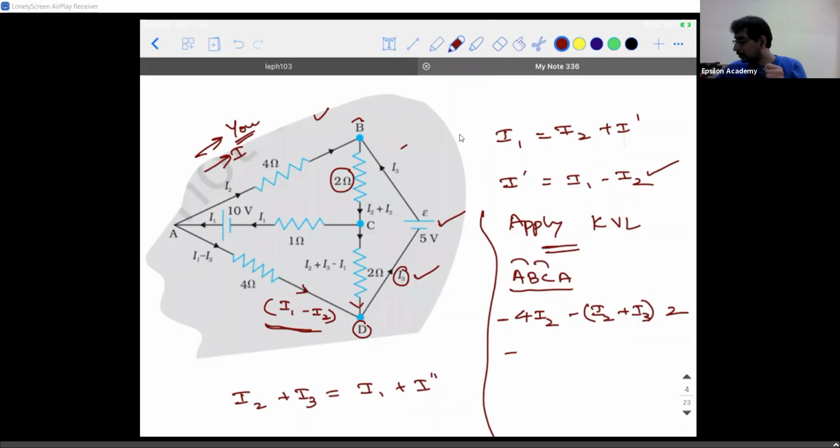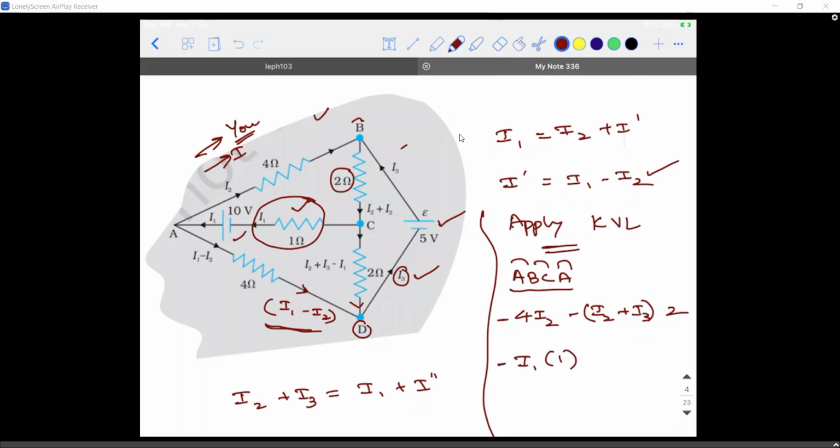Okay. Similarly, when you go from C to A, how many devices are you encountering? You are encountering a resistor and an EMF source. So when you're going from C to A, you have a potential drop of I1 into 1. Is it positive or negative? That is also negative.